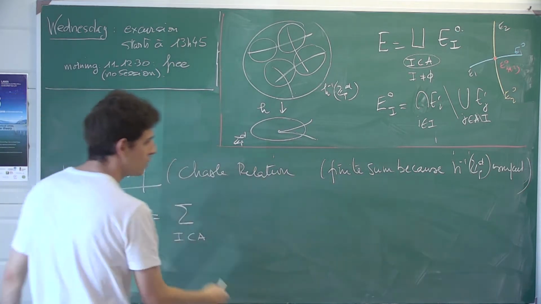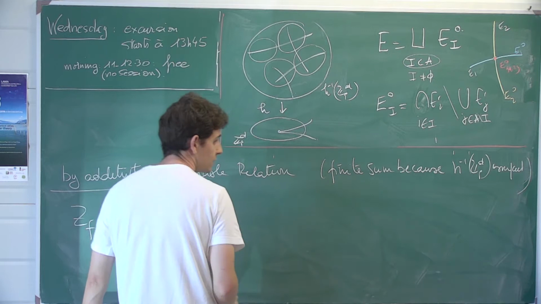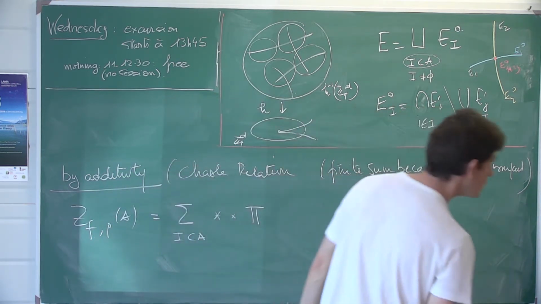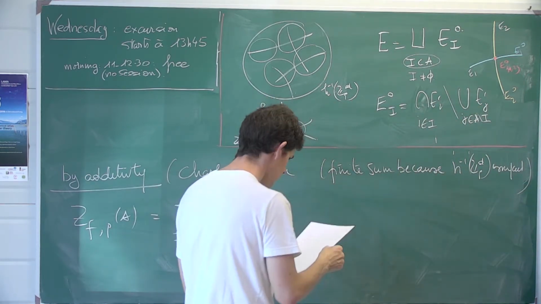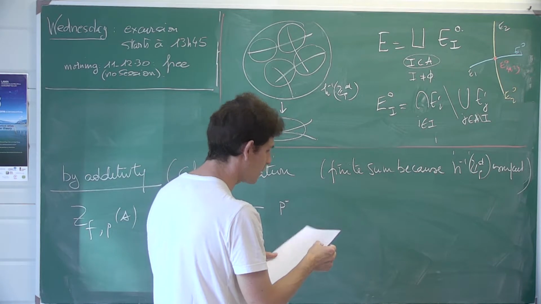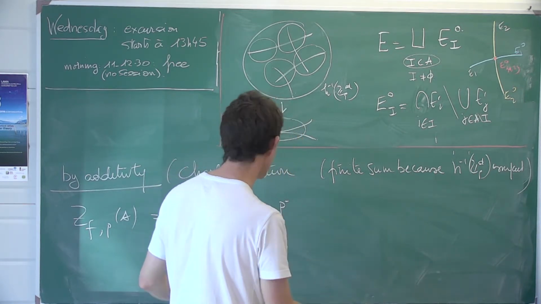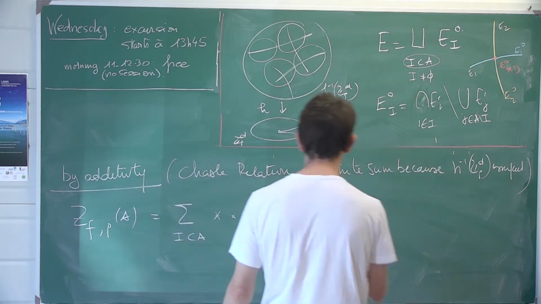But you have a sum of some things times a product, where this m is the order of the ball. So you have something like that.